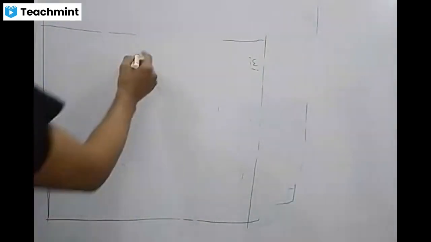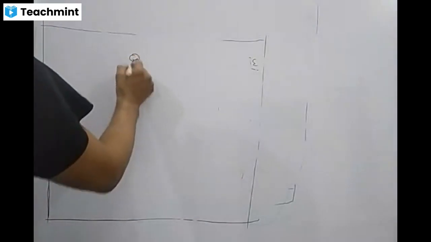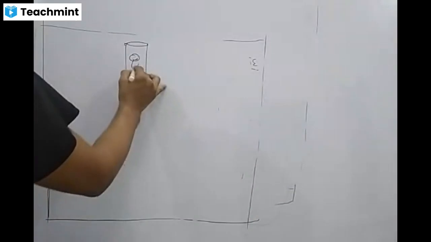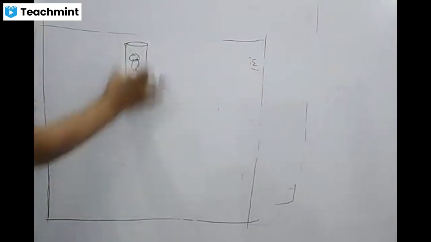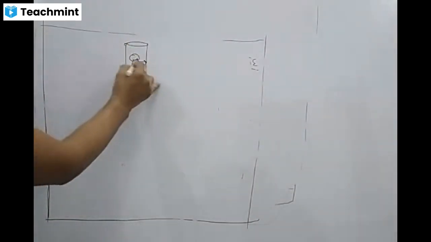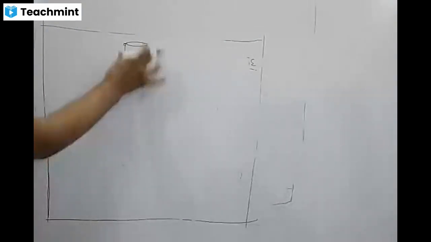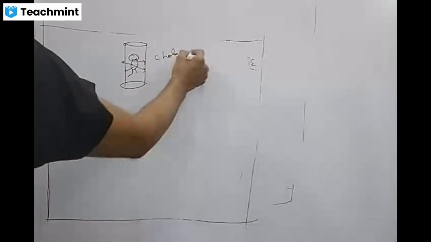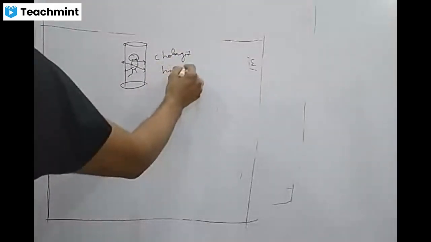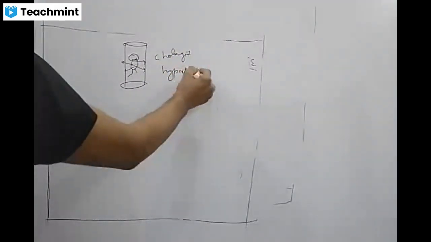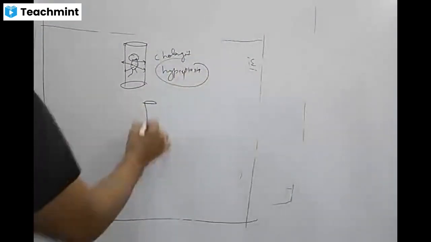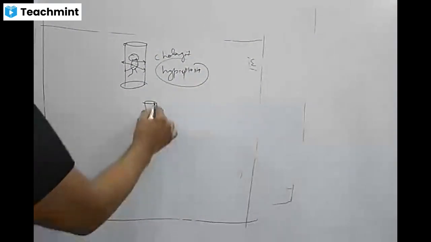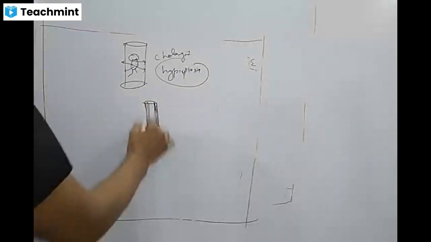And this adult fluke is sitting inside the bile duct, and it causes irritation to the bile duct. That may lead to cholangitis or hyperplasia. The bile duct is inflamed, then chronically it becomes fibrosed.